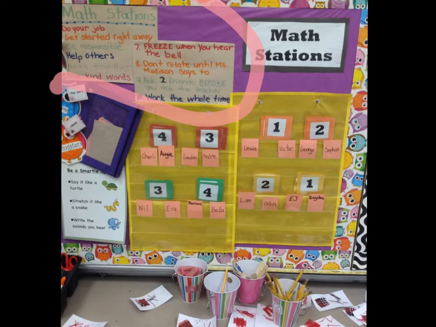The reason they're called flexible groups is because they change frequently based on how the students progress or the targeted skill that we are working on for that particular day or that particular station. So my math stations are run similarly to language arts, where the students have a version of the activity that they are working with.